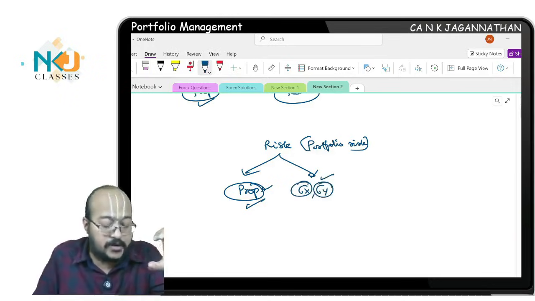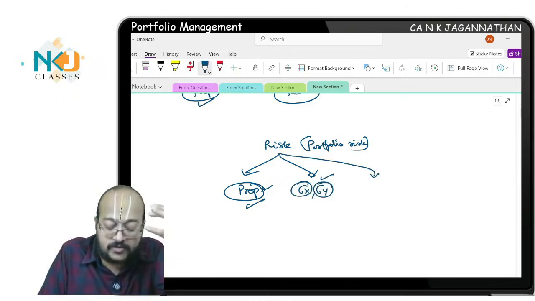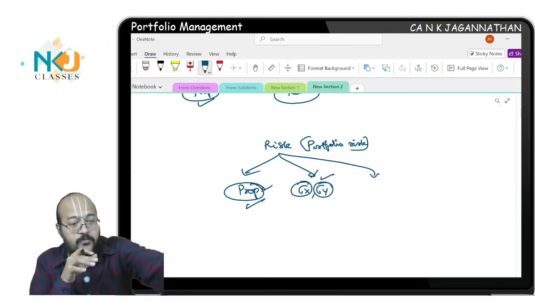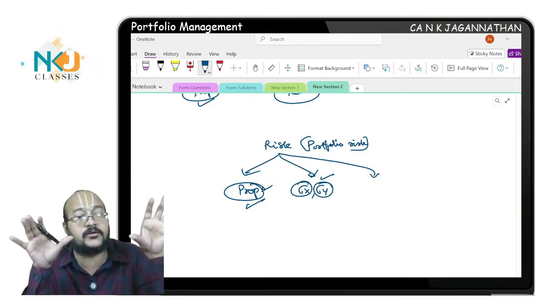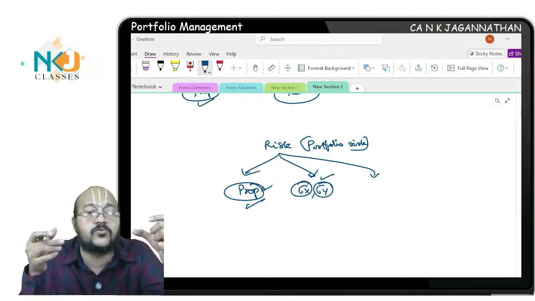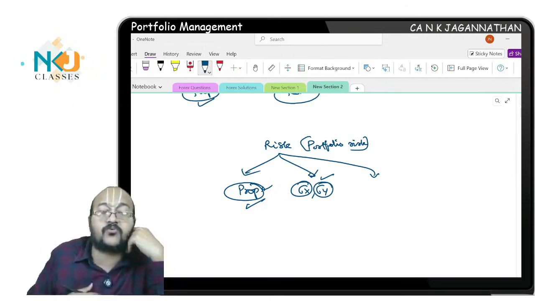But apart from that, there is a very important feature, that is co-movement of these securities. When you see individually, if you have X in your portfolio or Y in your portfolio, it doesn't matter. But when you put both of them in one bag, when you invest in a portfolio consisting of these securities, it will have a co-movement effect.